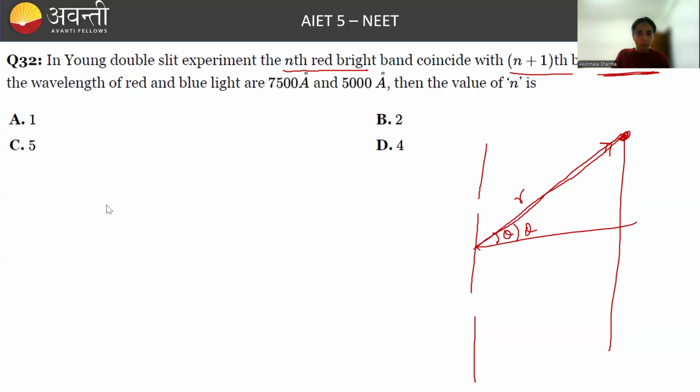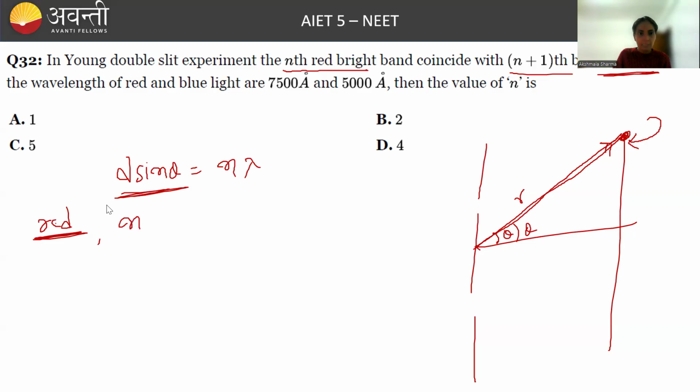Done it? So if here maxima is getting formed, then d sine theta should be equal to n lambda. So if we talk about red light, then for red light, this d sine theta, that is path difference, will be equal to n lambda.